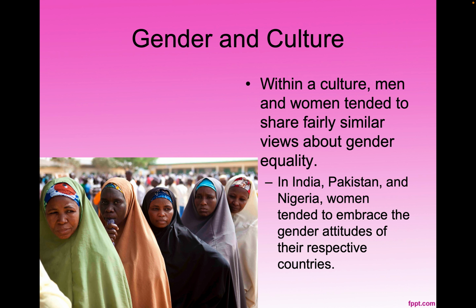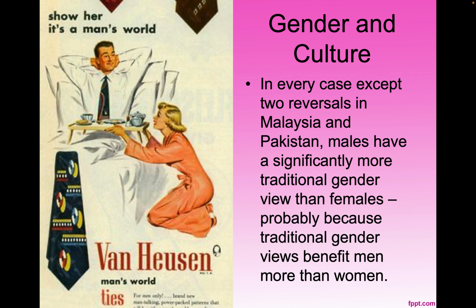In India, Pakistan, and Nigeria, women tended to embrace the gendered attitudes of their respective countries. In every case except two reversals in Malaysia and Pakistan, males have a significantly more traditional gender view than females, probably because traditional gender views benefit men more than women.